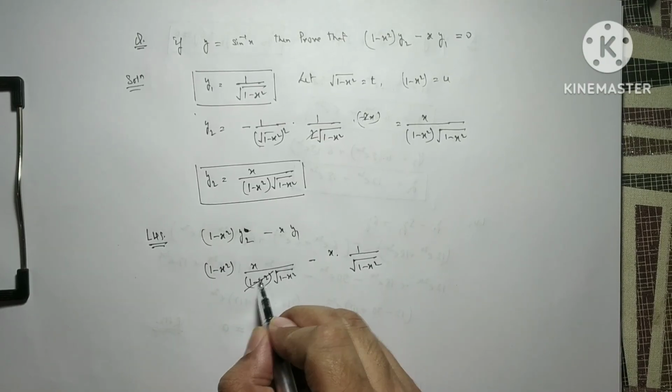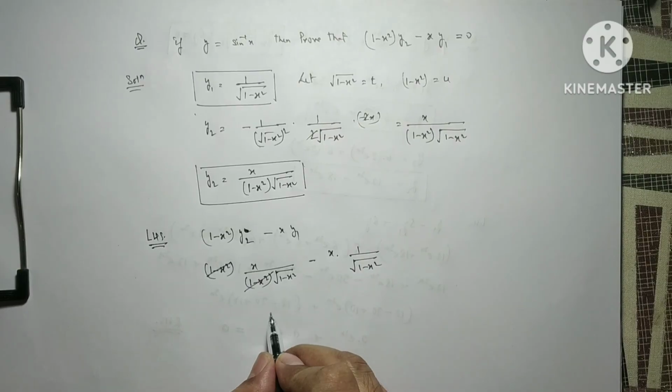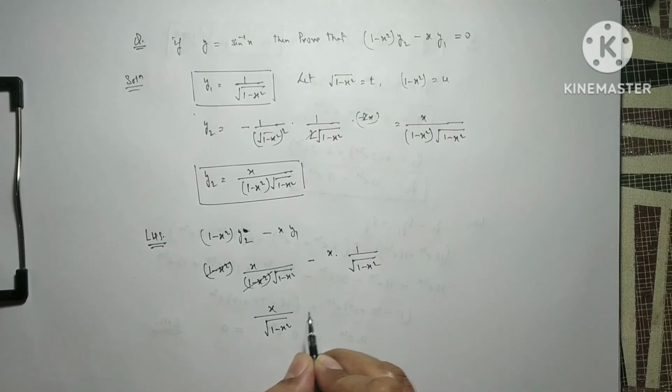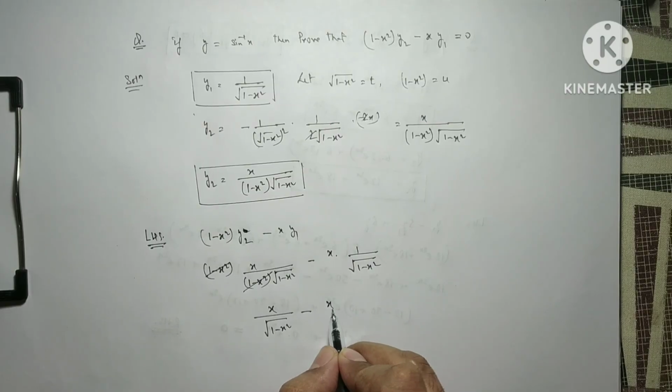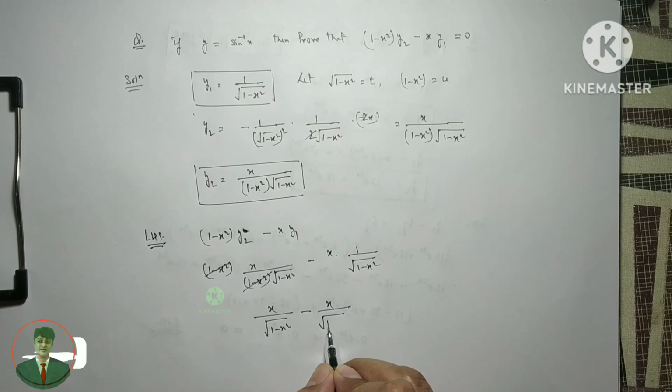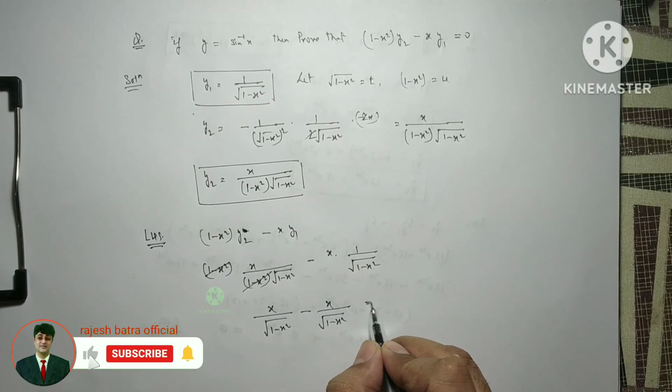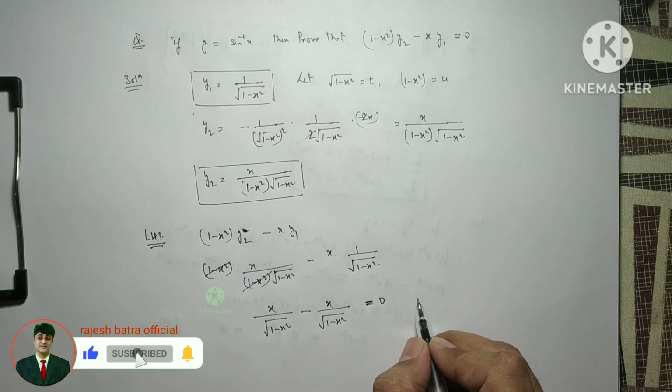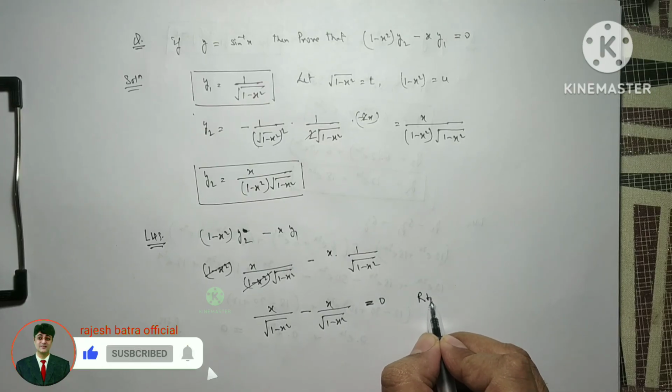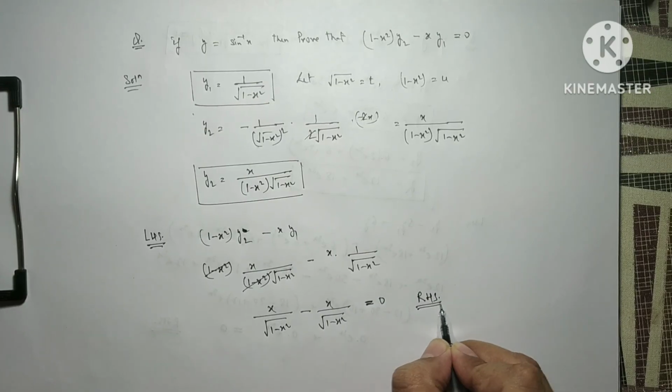So cancel this and you get x over under root 1 minus x square, and this is minus x over under root of 1 minus x square. So the answer is 0, which is the right hand side. So hence proved.